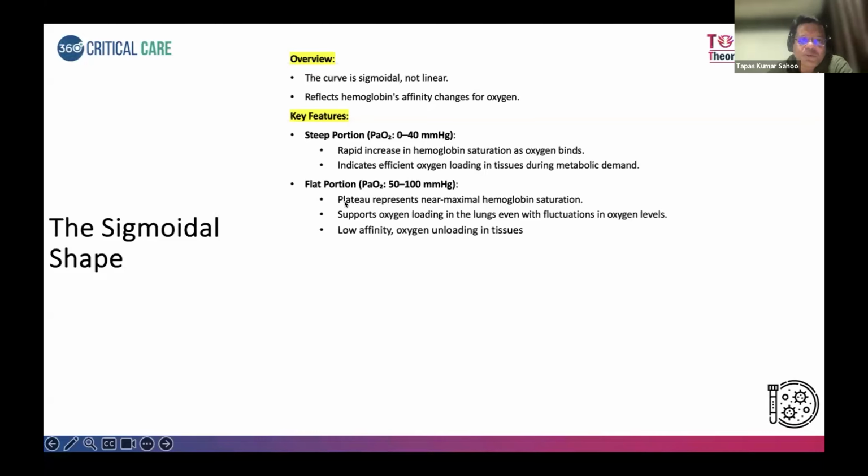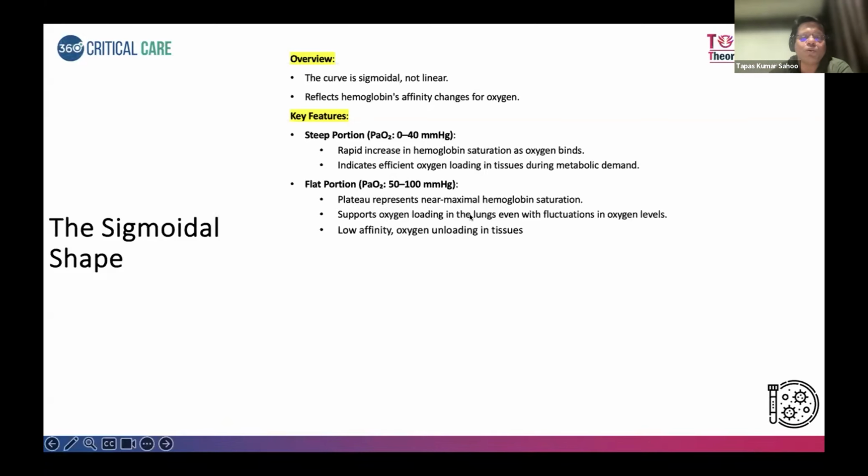Now, in the flat portion, where the PaO2 has already crossed 50, so from 50 to 100 millimeter mercury, the flat or plateau portion represents near maximal hemoglobin saturation. Now, this supports oxygen loading in the lungs even when there is fluctuation in the oxygen level. That means the hemoglobin will try to bind with the oxygen that is getting into the lungs.